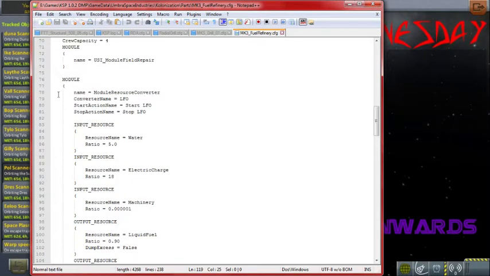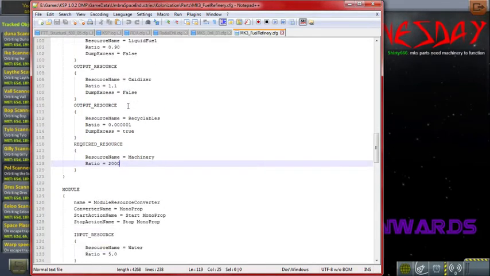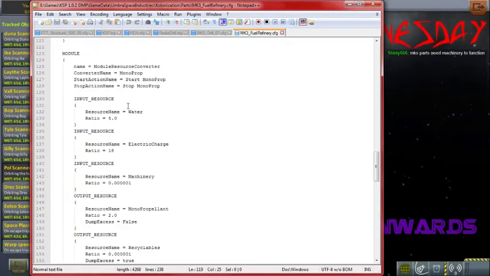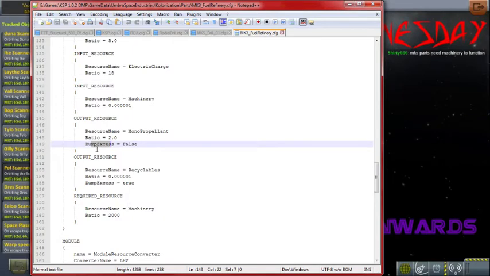That's pretty much how the converters are done. The only thing is, I thought the converters actually had a... There we go. It's in these.